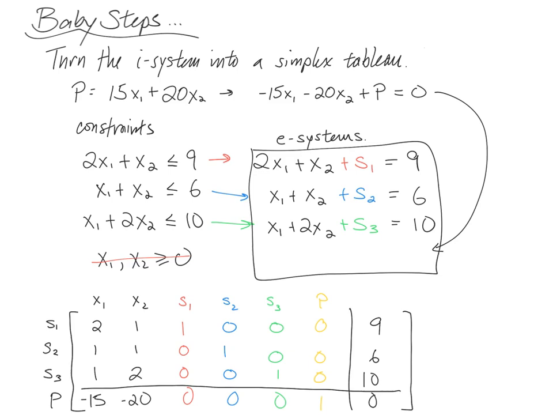And that's because, when you start out with a simplex tableau, the exiting variables over here will match the basic variables that you have here, s sub 1, s sub 2, s sub 3, and p. All that being said, this matrix down here is the simplex tableau, and I was finished with this example a long time ago, but I wanted to bring back the vocabulary so you could see exactly what you were working with.